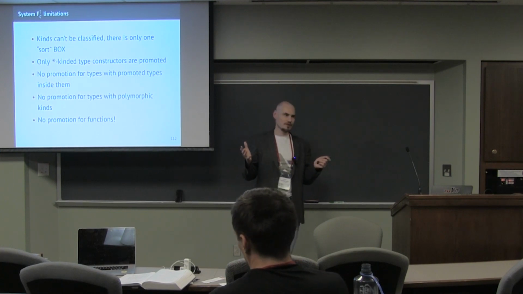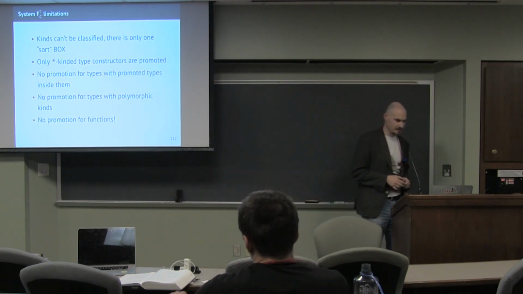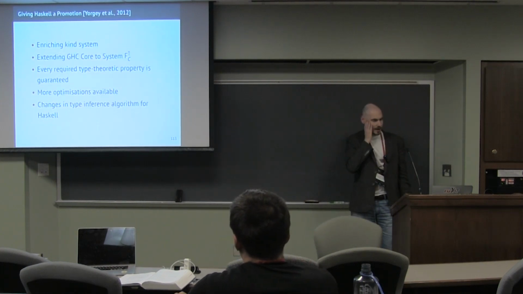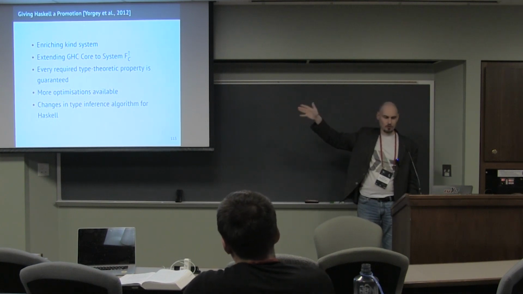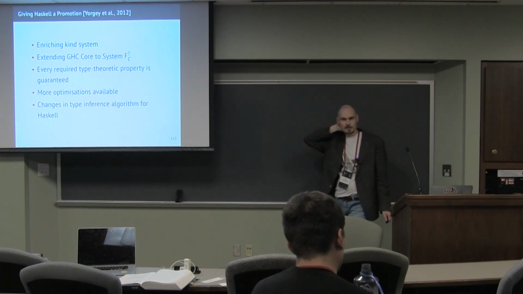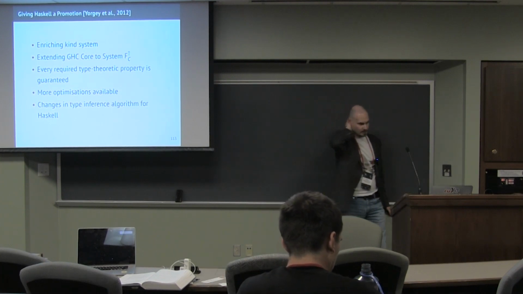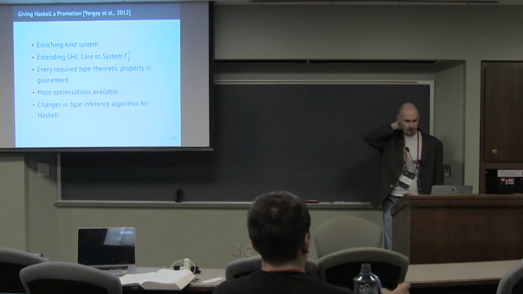But it was very difficult to use in practice because it was a very difficult extension. Nevertheless, this is an achievement that we got using this paper, giving Haskell a promotion. This kind system was enriched in a very difficult way. We got this new system FC Pro.